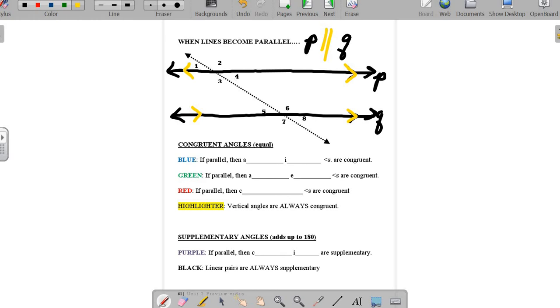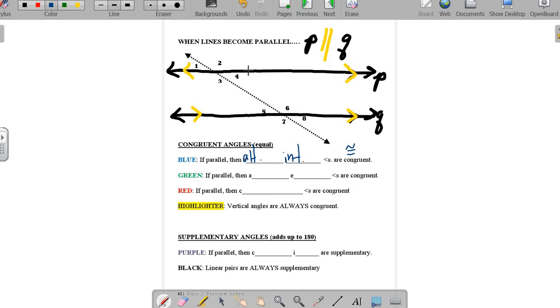Now, when lines become parallel, these four different angles have certain qualities. Let me explain. When lines become parallel, alternate interior angles become congruent.